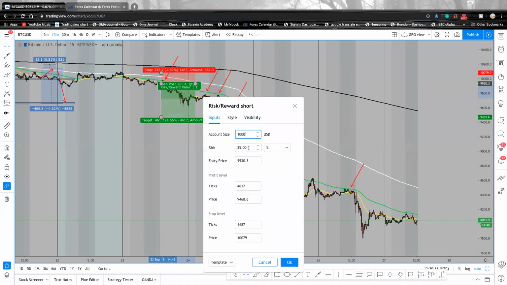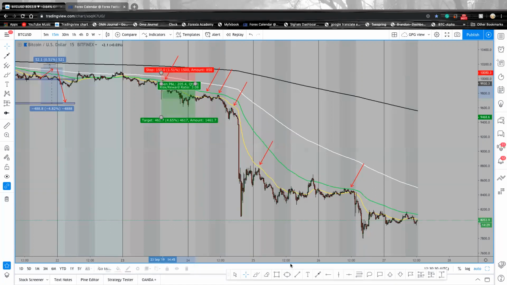So let me put it in. These are entry prices. All right, so 1,500 from the retest of DMA.